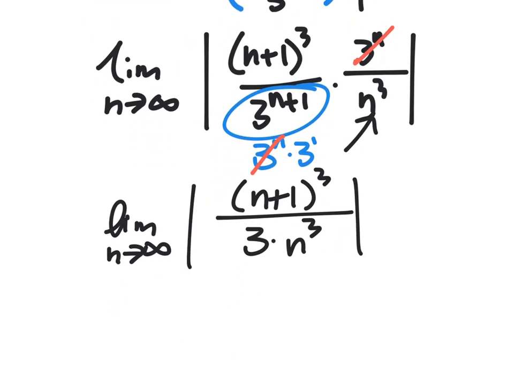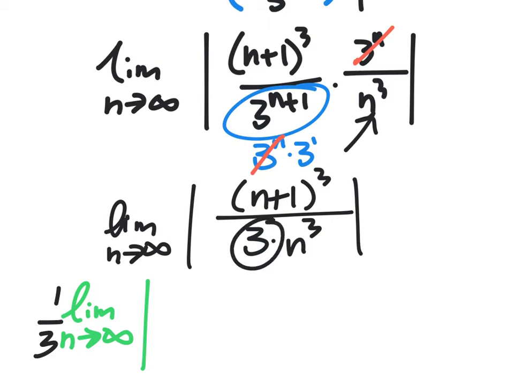I want you to think for a moment on the side about this. I'm going to pull out that 1/3, just pulling this 3 out and putting it out as 1/3. What's going to happen to this? If I were to expand that, I'd get an n cubed plus a bunch of stuff.